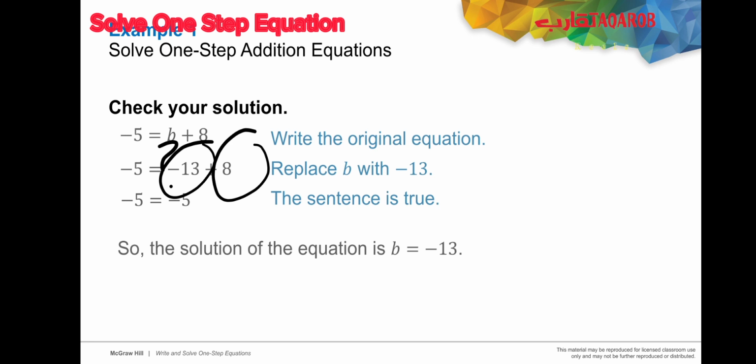I subtract as usual: 13 minus 8 equals 5, but you should put the sign of the greater number. Now, what's greater here, 13 or 8? Since it's 13, I put the sign of the 13, which is negative 5. And on the left side, I have negative 5, since both sides are the same. So this is a true equation, and my solution is correct.